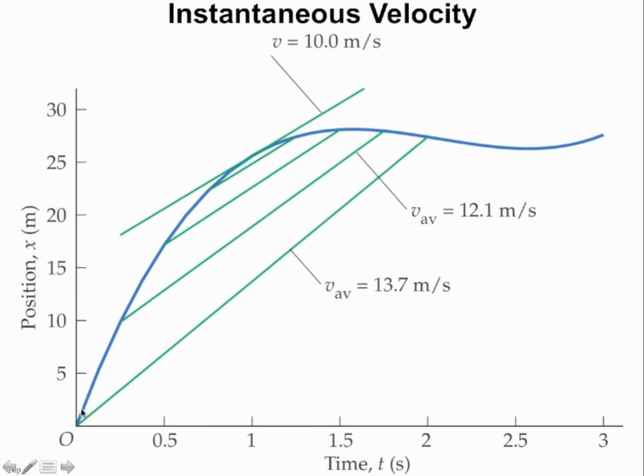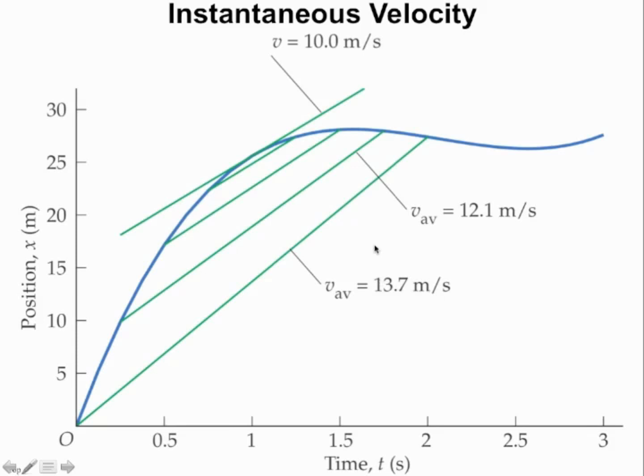Even though this blue line is changing direction and it's a curve, there is still a total elapsed time, and that would be the run, and there's still a total position change, and that would be the rise. And so the average velocity between time 0 and time 2 seconds is 13.7 meters per second.